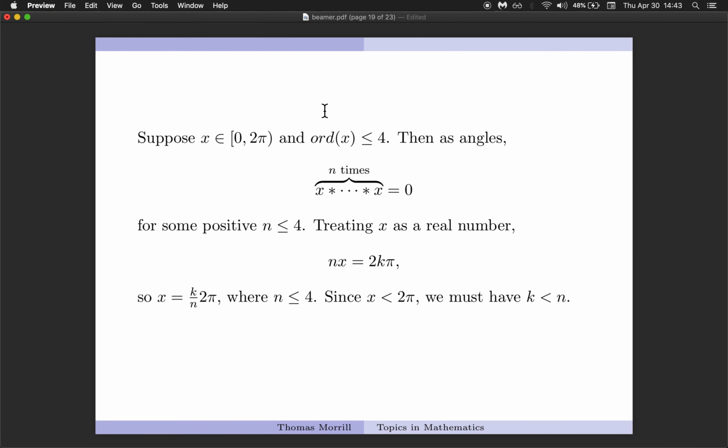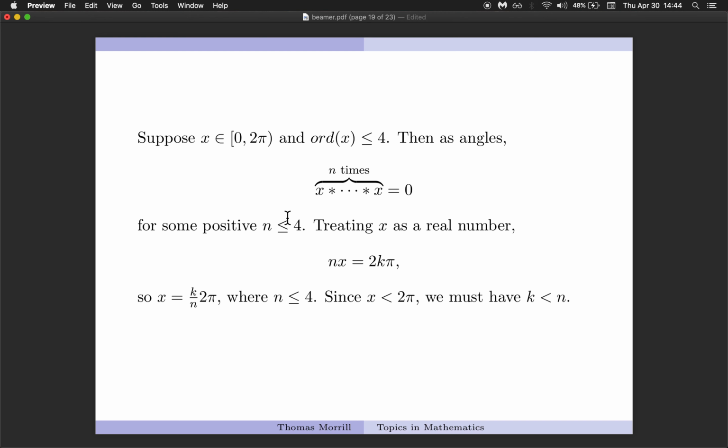So I'm looking at angle measures between 0 and 2 pi radians, and I want their order to be less than or equal to 4. If I go off my definition, then n copies of my angle x have to add up together to give me 0 radians. And n has to be less than or equal to 4.